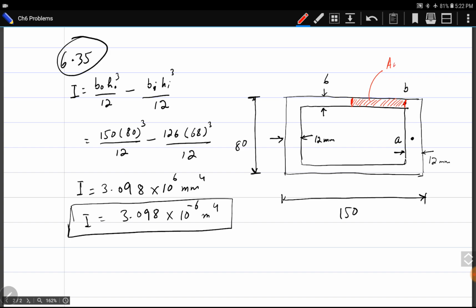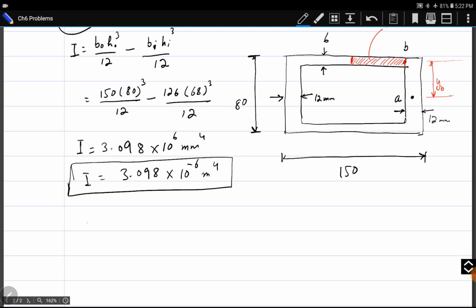This is A_B and the distance of its centroid is y_B. Q_B is equal to A_B into y_B.